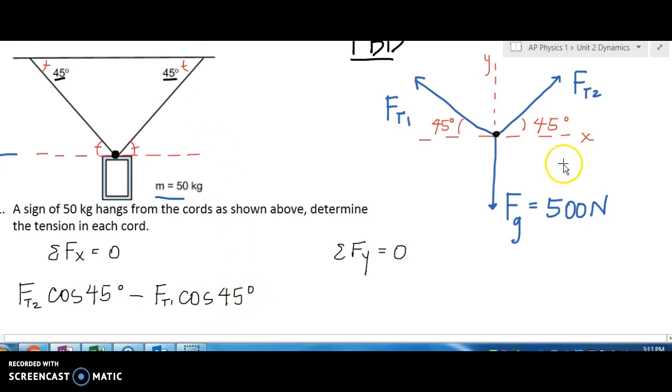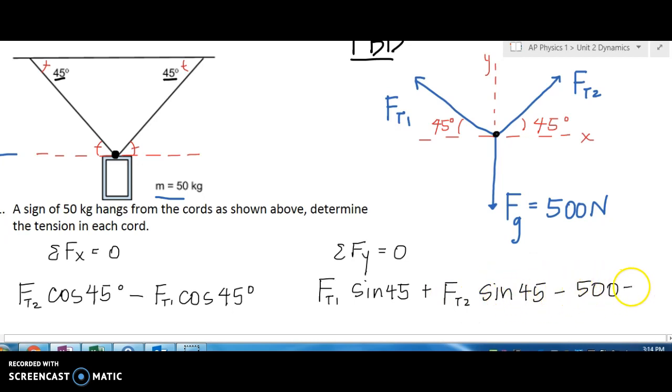Y direction, I've got a component of tension 1, because it's pulling left and up. I've got a component of tension 2 because it's pulling right and up. I said up twice. What do you want up to be? Positive. But then what about this weight force? It will be negative. Alright, so then FT1, it would be opposite of the angle, so that's sine 45, plus the FT2 sine 45, minus the weight equals 0.